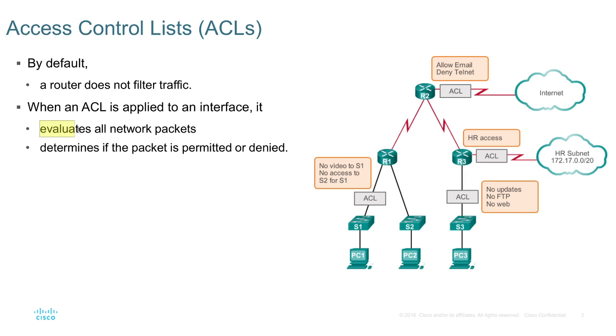All the network packets will be evaluated, and based on the rules in that particular device, it will make a determination as to whether that packet will be allowed to go through. So the basic idea of an access control list is that. When we have a number of networks that are interconnected, we can have these rules that say whether a packet will be allowed or not.